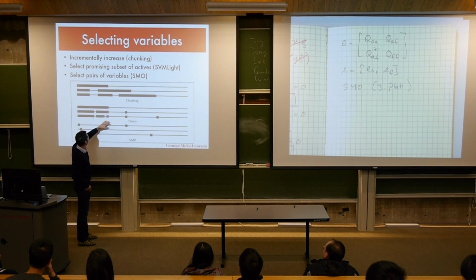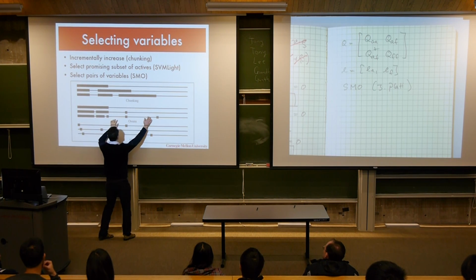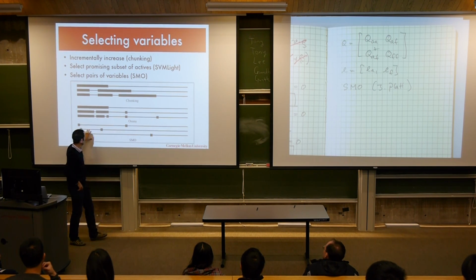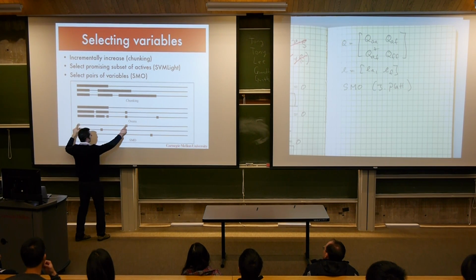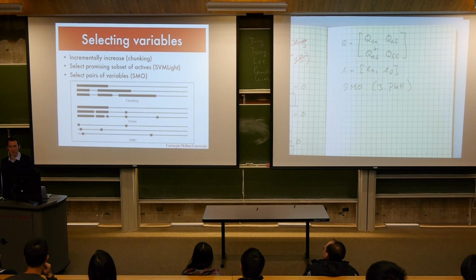And then Edgar Osuna came along around 97 or so and said, well, hey, we can actually do this even with variables that are non-zero. This is basically take small enough subsets and add points in. And this is the most elegant solution, SMO, sequential minimal optimization, where I take pairs of variables at a time and I optimize them. Quick question. Why do I have to pick pairs of variables rather than a single variable?